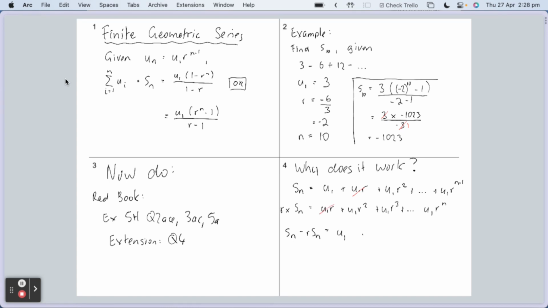Similarly, U1R squared will match up with U1R squared here as well. In fact, they will all match up. Everything in the top row apart from the first term will cancel with something in the bottom row, except for U1R to the n. And so if I subtract these two things, I will get U1 minus U1R to the n.